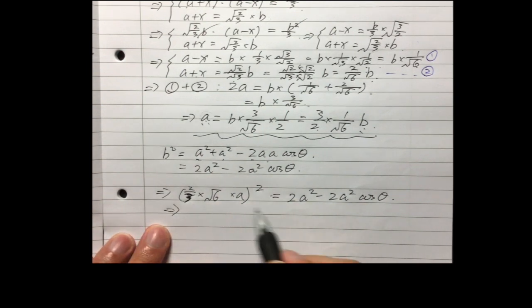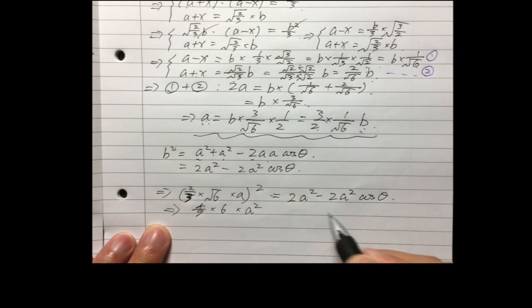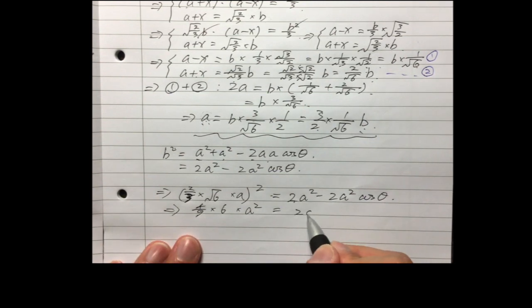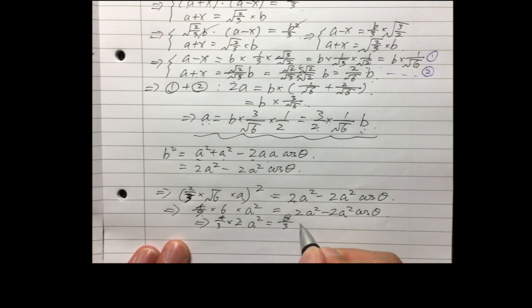And this will become 9 times 6 times a squared. The 6 and 9, we divide by 3 for both, will be 4 over 3 times 2a squared for the left hand side. Combine them together, 8 over 3 a squared will be equal to the right hand side, which is 2a squared minus 2a squared cosine theta.